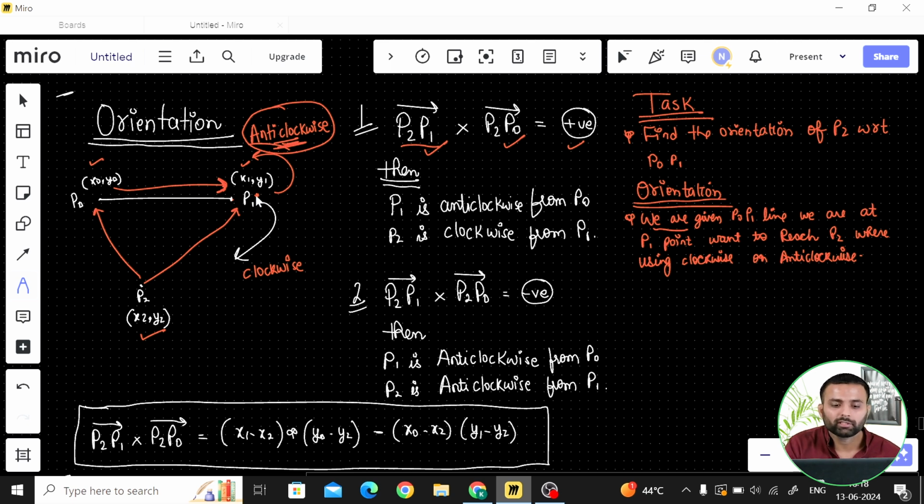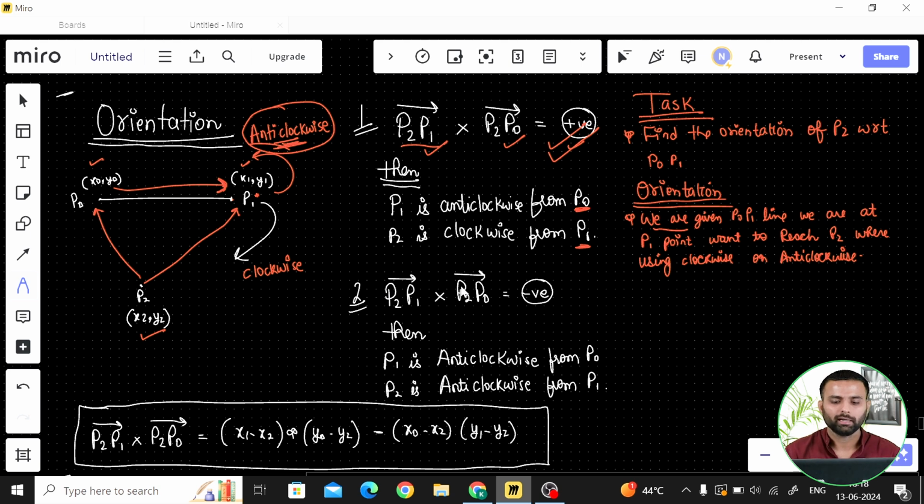If I am standing here and I want to reach P2, I just have to move in the clockwise direction. Here I have written P1 and P0, and P1 we already calculated. Both directions are different, so it means that it will be positive.